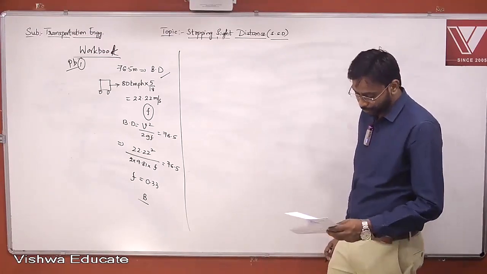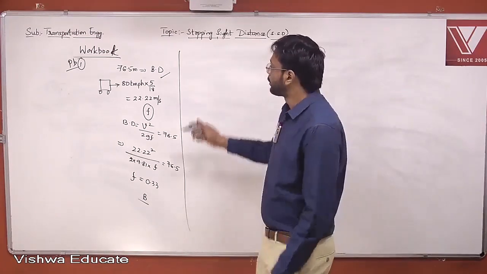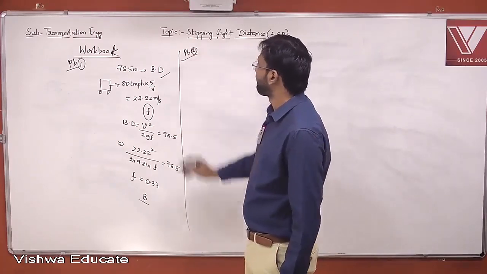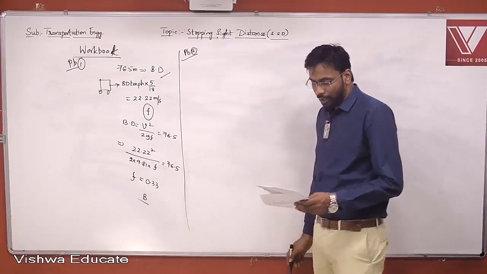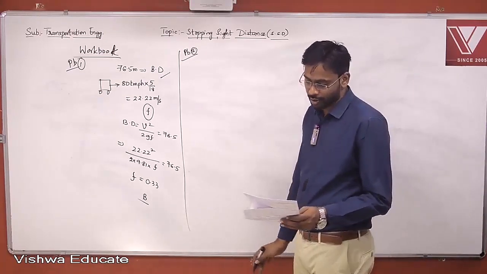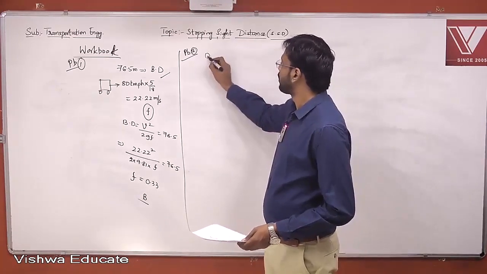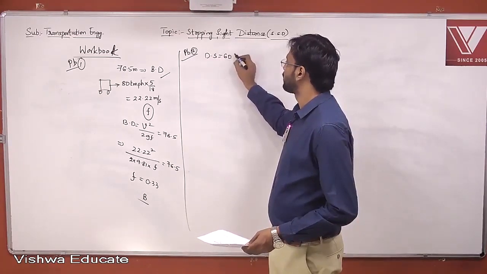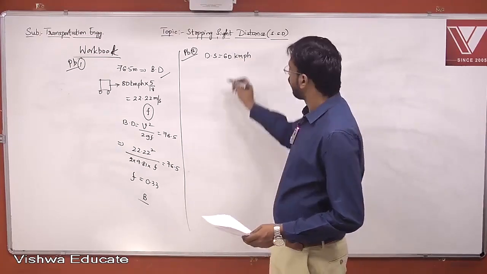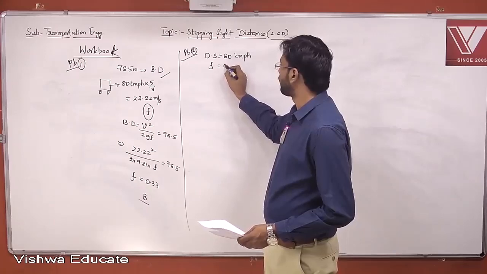Next one. Problem number 2. Please read the question once. If the design speed on a road is 60 kmph, so design speed is 60 kmph, and coefficient of friction is 0.35.